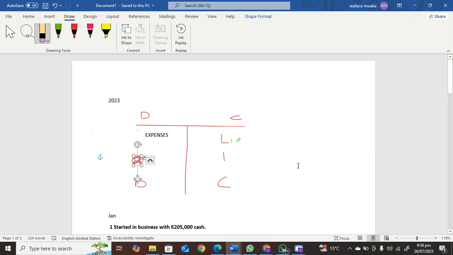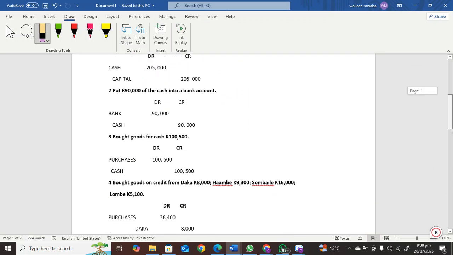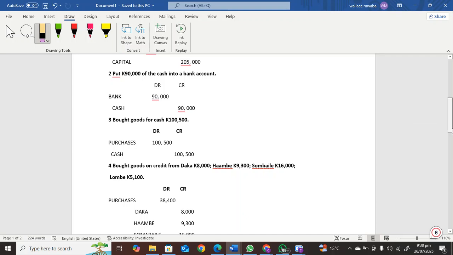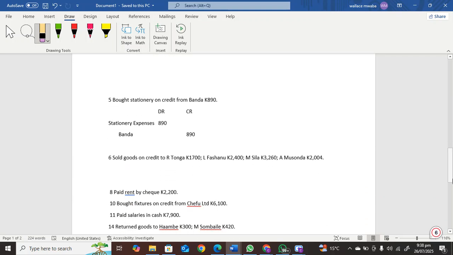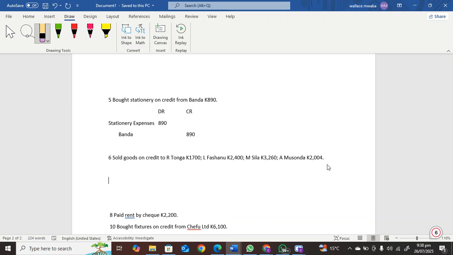Then sales revenue is an income account. Income accounts or revenue accounts increase with credit. So we're going to credit sales and we'll debit these people, our debtors.